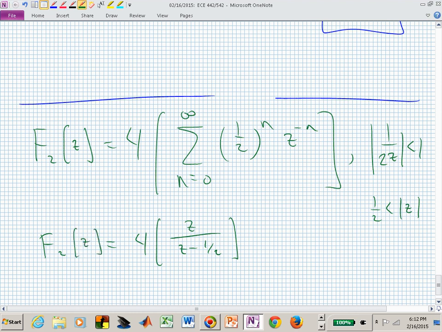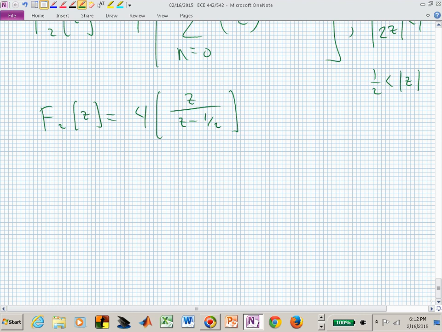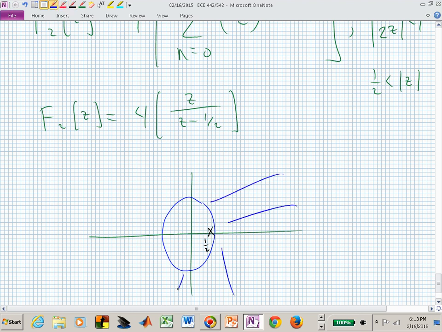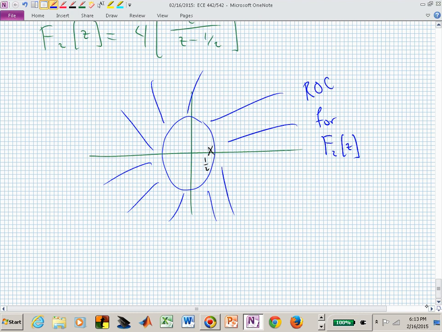And knowing the relationship between that time sequence and its z transform, we can write down that F sub 2 of z is 4 times z over z minus 1/2, when in fact we have our region of convergence for F sub 2 of z outside of that pole at 1/2.